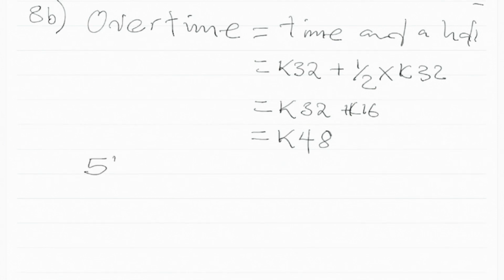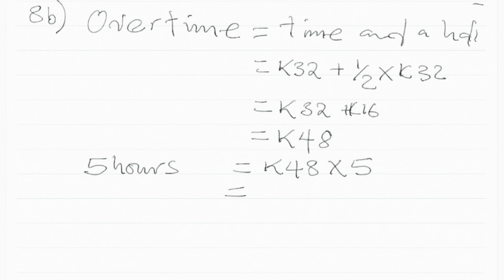So this will be 48 kwacha times 5: 5 times 8 is 40, 0 carry 4, 5 times 4 is 20, plus 4 you have 24. So for 5 hours his pay was 240 kwacha. That is for overtime.